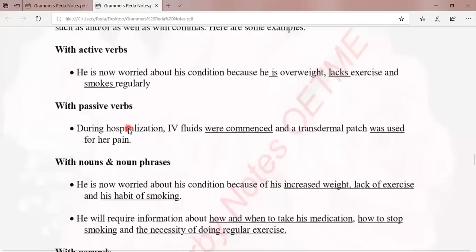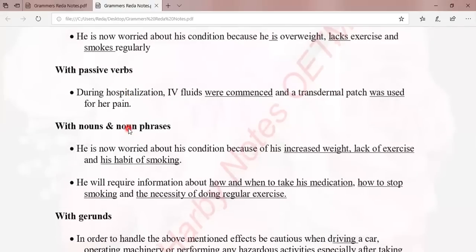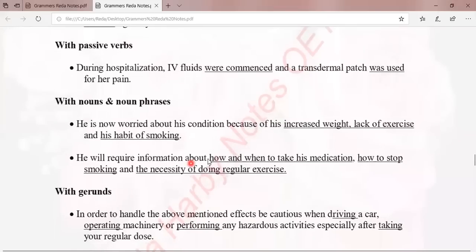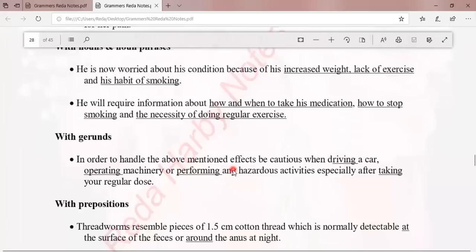With nouns, he is now worried about his condition because of his increased weight, lack of exercise, comma, and his habit of smoking. Gerunds, in order to handle the above mentioned effects, be cautious when driving a car, operating machinery, or performing any hazardous activities, especially after taking your regular dose.